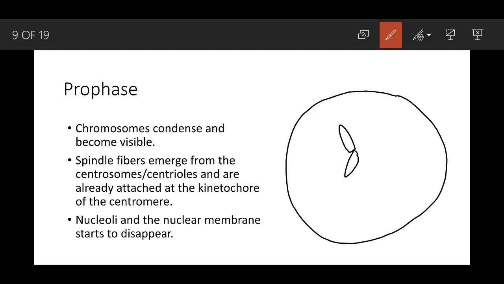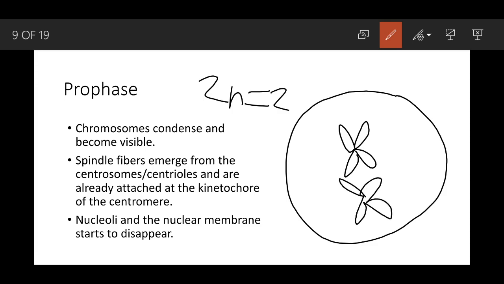Let's start with the diploid. Let's say our diploid, or starting number of chromosomes, is 2, so that it would be very easy. Sorry for my drawing. Anyway, if you have 2 chromosomes there, that's it. So, chromosomes condense and become visible.